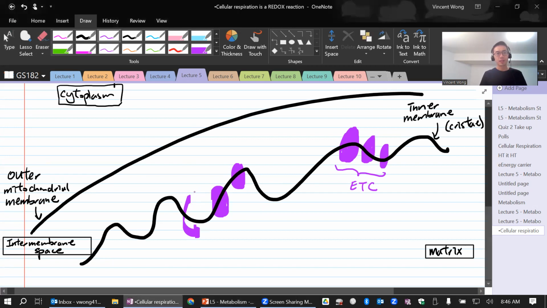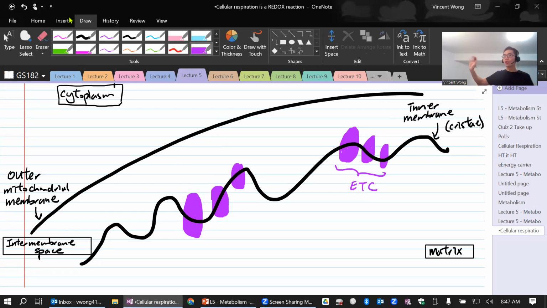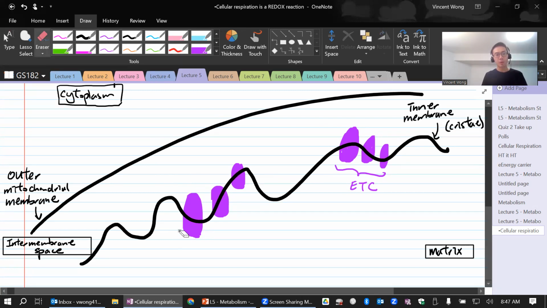So these are ETC, electron transport chain. What happens is this: all those NADH and FADH2 that we produced, they will come to the first protein in the ETC. I'm going to write here, we're going to have an NADH, and the NADH will release the electron, and it will go back to the NAD plus form.